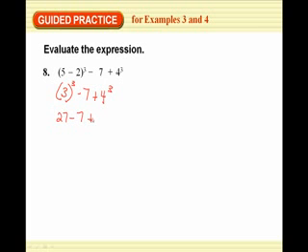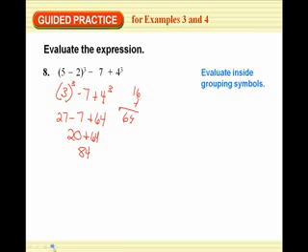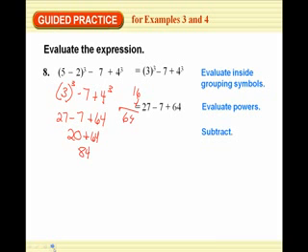Minus 7 plus 4 to the third. 4 times 4 is 16 times 4 is 64. So we just go in order since it's addition and subtraction. So 20 plus 64 is 84. Just make sure you don't get out of order. So they did that. We'll see if our final answer is the same. Yes, look.